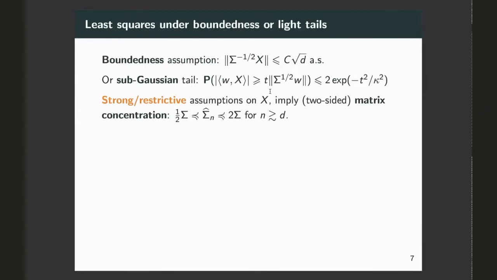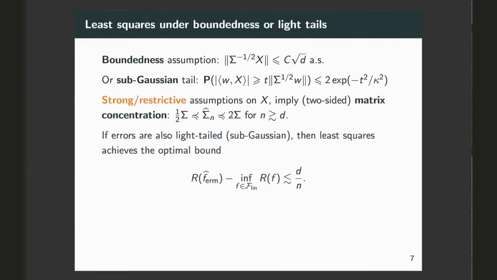But the reason they are helpful is that they enable us to control the matrix term in particular, which is often the hard term, and they imply some form of matrix concentration. Concretely, for n larger than d, or d log d, the empirical covariance matrix would be of the same order as the true covariance matrix, so the covariance term will be controlled.